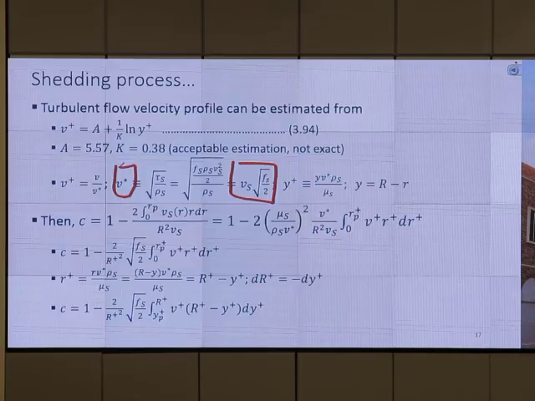So I gave you a function, V plus as a function of Y plus, correct? And y is the wall coordinate. It's capital R minus small r. Capital R minus small r is small y. So we have V star.